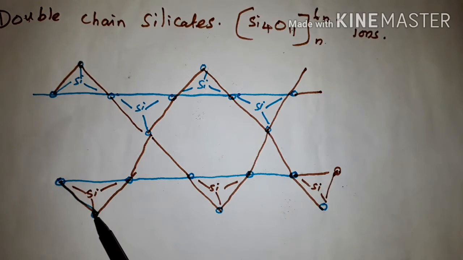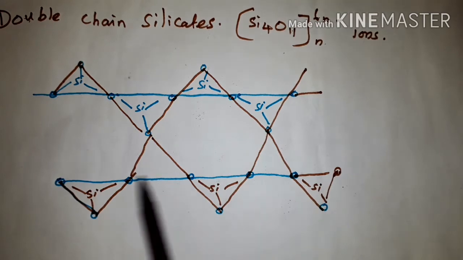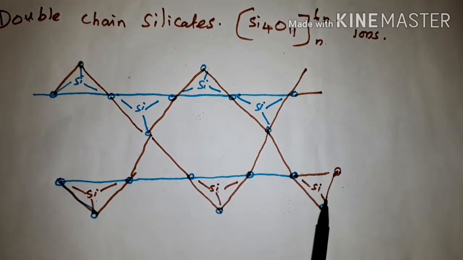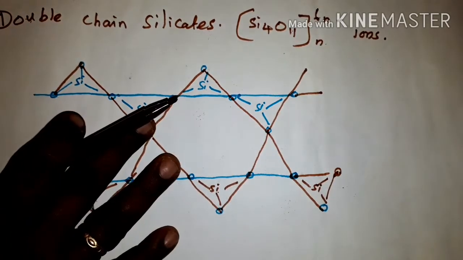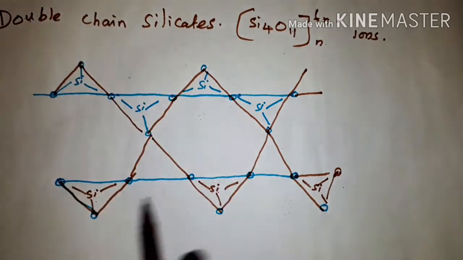Then in between the first two oxygen atoms, write one oxygen atom, then at the alternate position draw another. In between these three oxygen atoms, write silicon atom, make a bond. So this is the overall structure of double chain silicates.